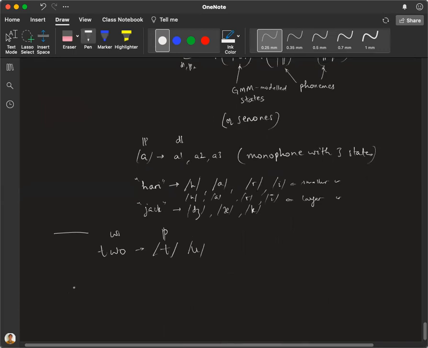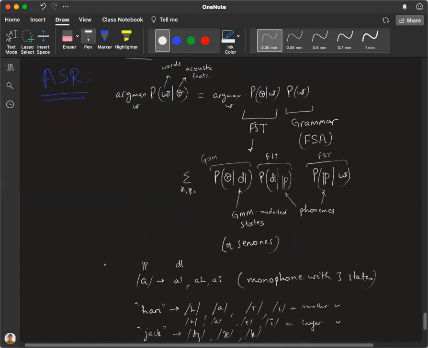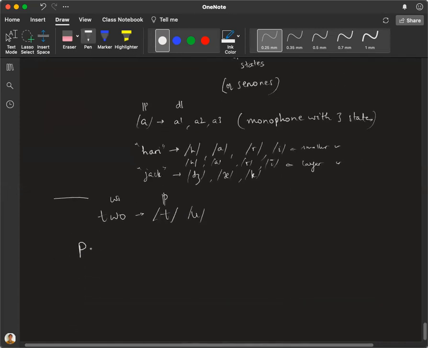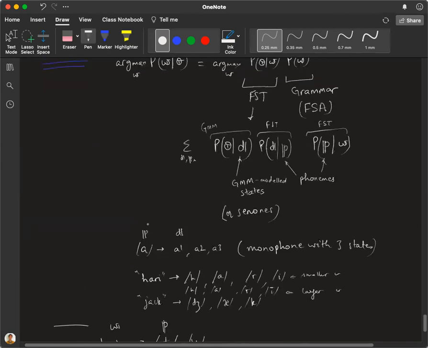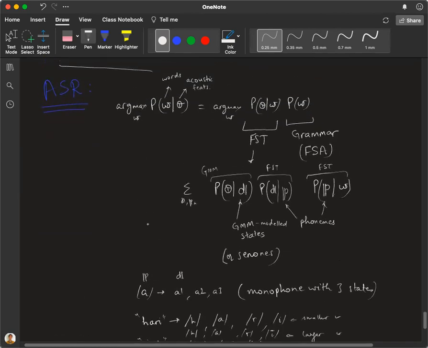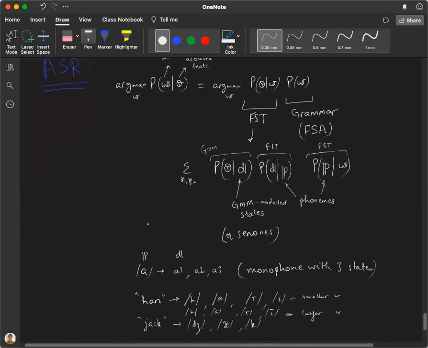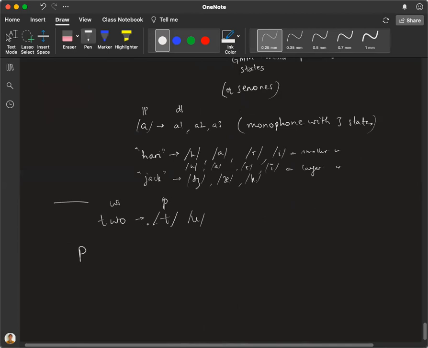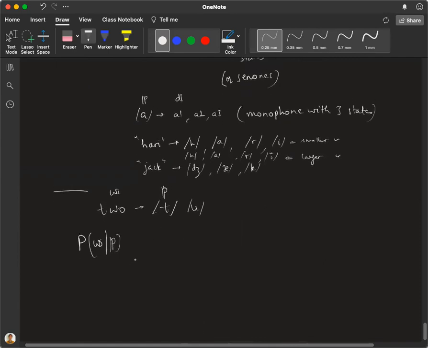But actually, in the automatic speech recognition problem, we want to go from phonemes to words because the output is the word, right? So we will model probability of W given P. Of course, you know these are interconvertible. You can just use Bayes rule to get P given W. But let's say we want to model probability of word given P.